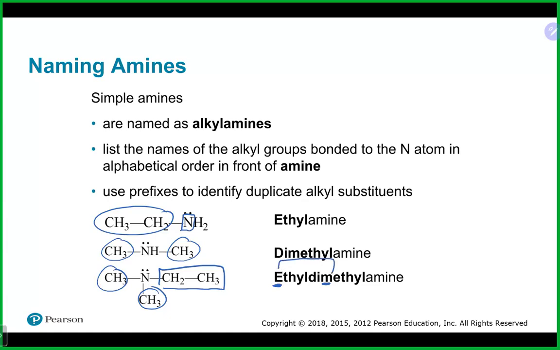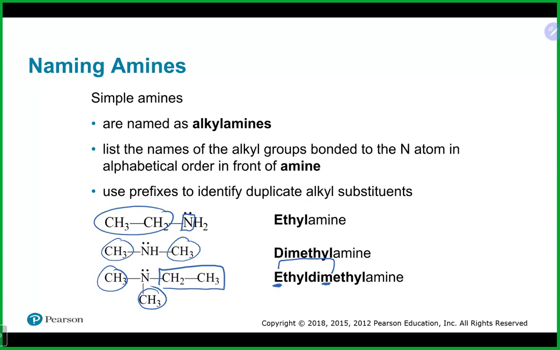Any questions on that there? You would not. So this is a more common way of naming. So you don't have to put numbers or anything like that. It's very similar to the ether type of naming. The IUPAC way of naming is a little bit crazy-ish on these guys. So there is some numbers, some weird oxys and stuff like that you have to put in there.